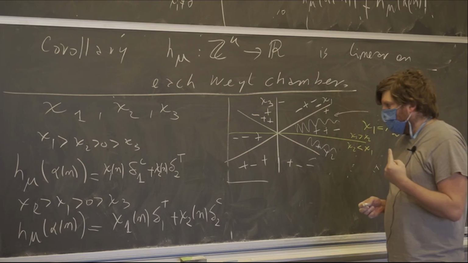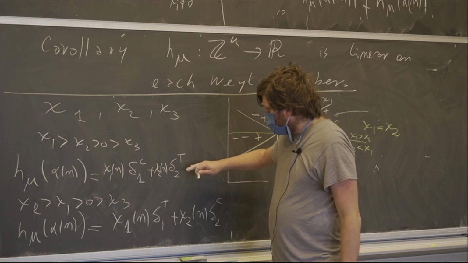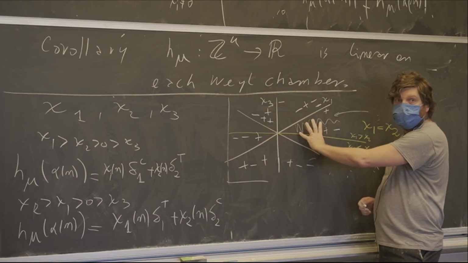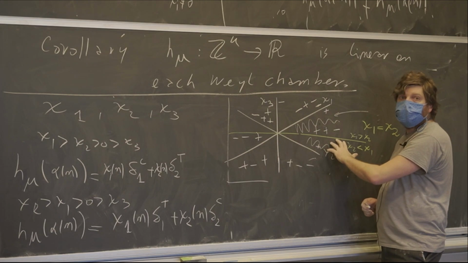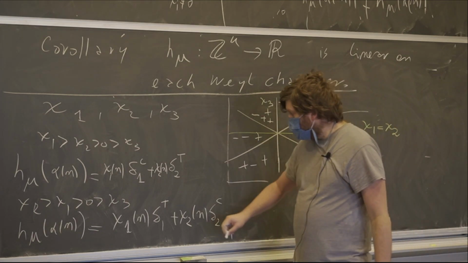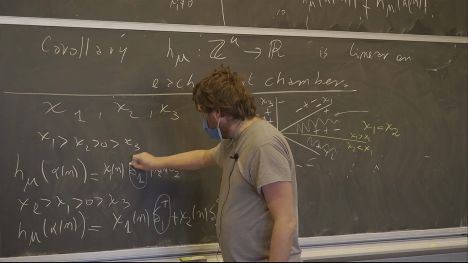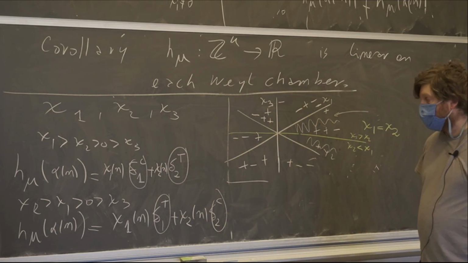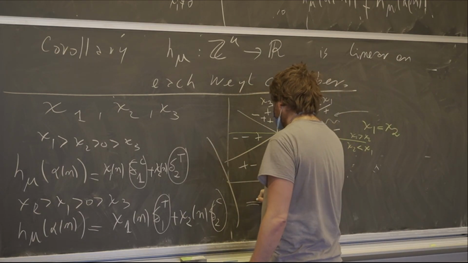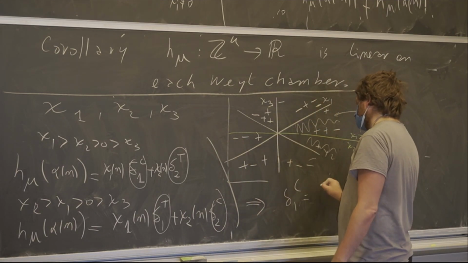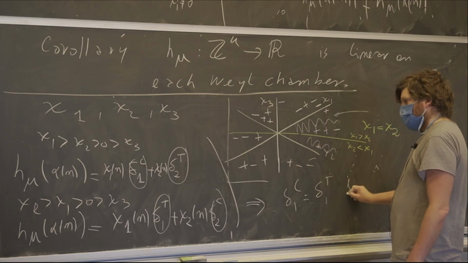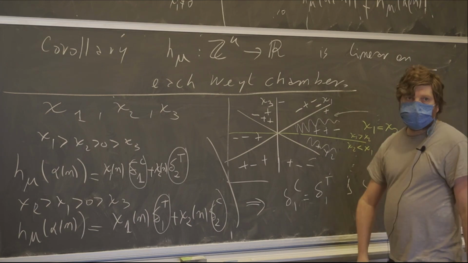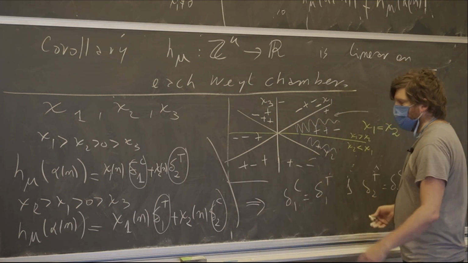Now what Huyi Hu is telling us is that this functional, this h mu, is linear in the whole region, regardless of who is the yellow one. And this automatically implies that this number is equal to this number, and this number is equal to this number. Because it's just very easy linear algebra.